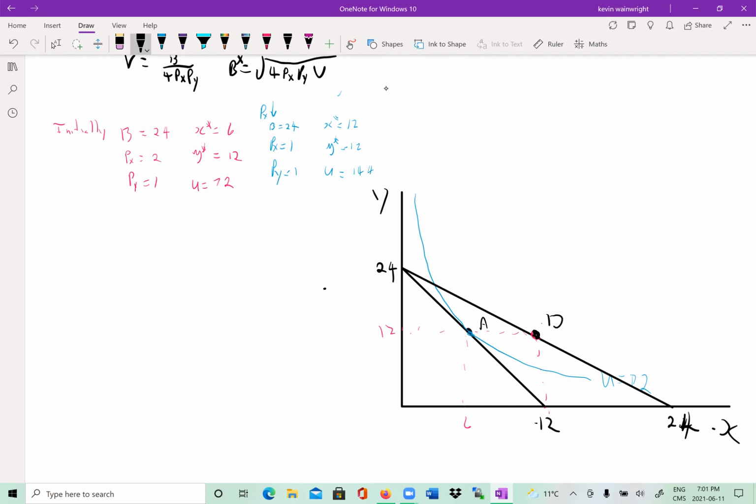Just the price of X. So my quantity of X goes from 6 to 12. Quantity of Y remains at 12. And my utility goes up to 144.